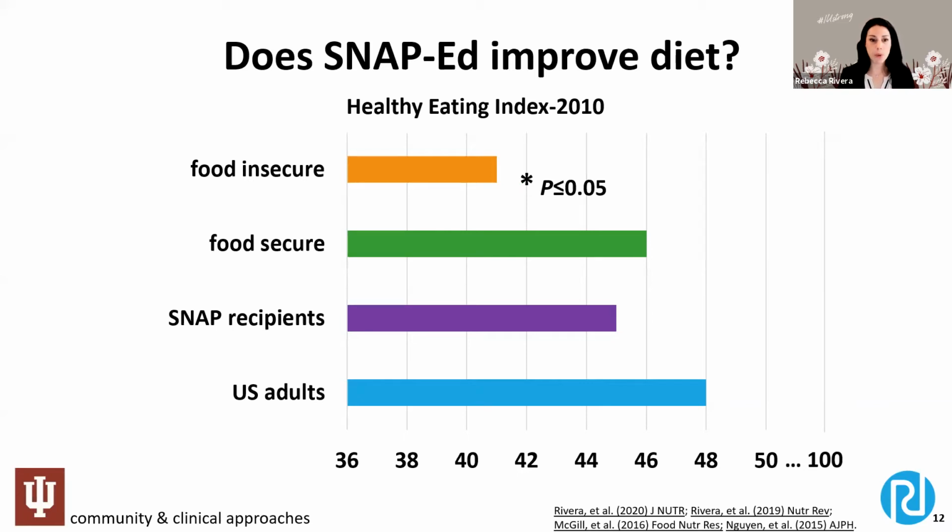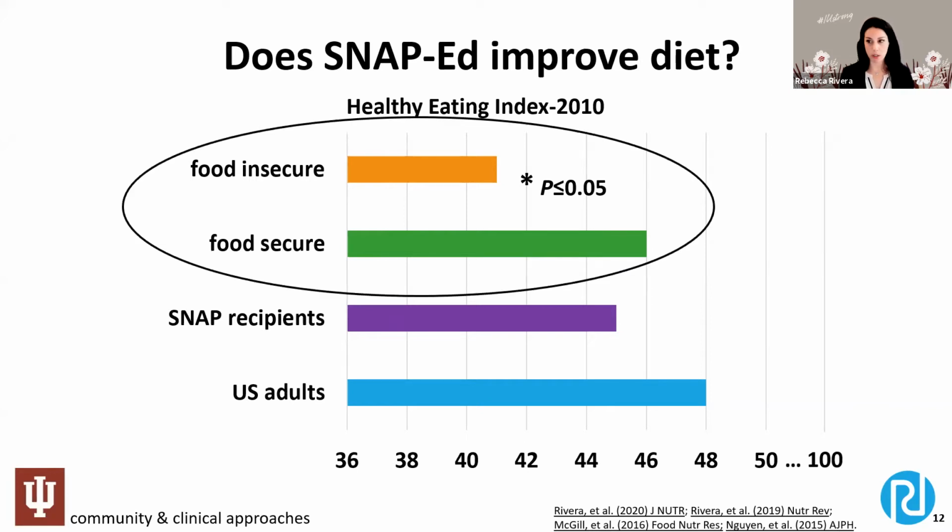So shown here are the scores for my participants who are circled here, stratified by food secure and food insecure. So food insecure are orange and food secure are green.